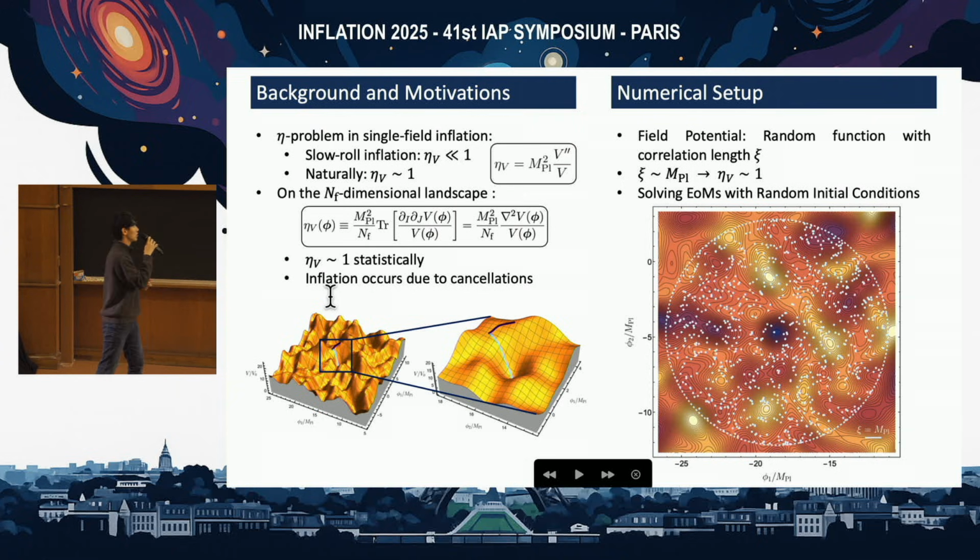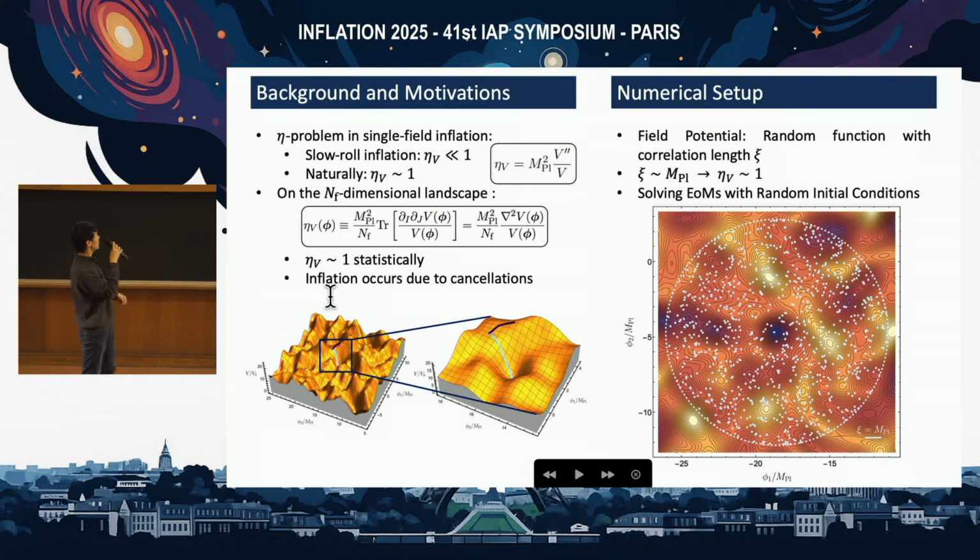In this work, we studied inflation happening on a multidimensional inflationary landscape, which satisfies the constraint given by eta_V in a statistical manner, with a correctly defined eta_V in the multidimensional case. And the inflation happens due to the occasional cancellation of eta_V on the landscape, as illustrated in this figure.